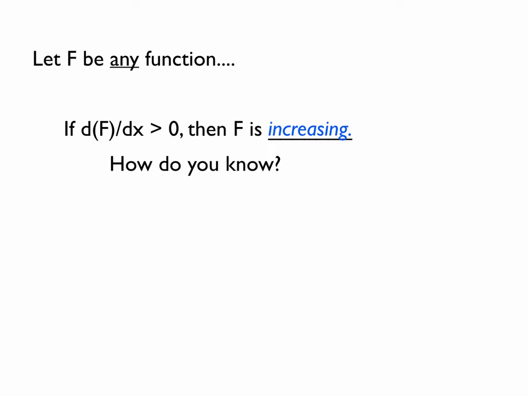Arian? So the rate of change is positive. Okay, yeah, that's what that says. So if the rate of change is positive, then f is increasing. But how do you actually draw that conclusion? Yeah, Ahmed? Beautiful, right?